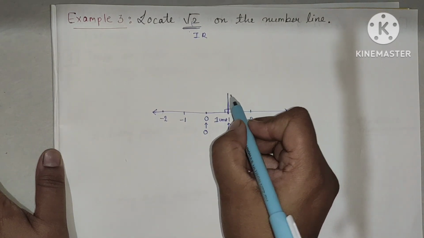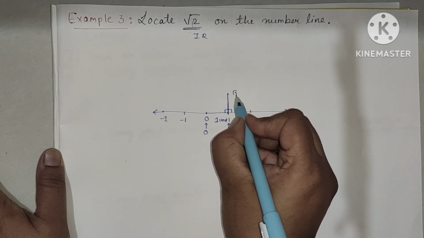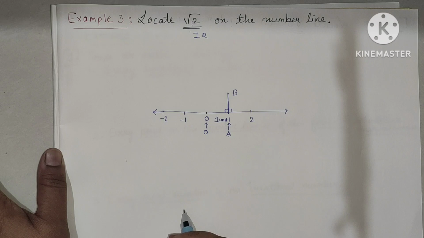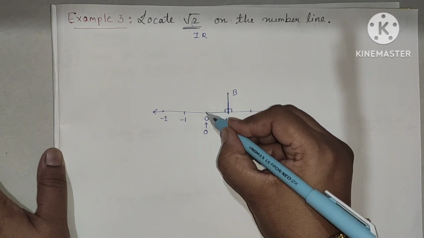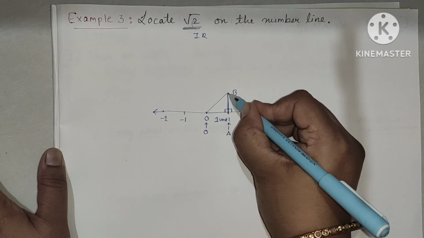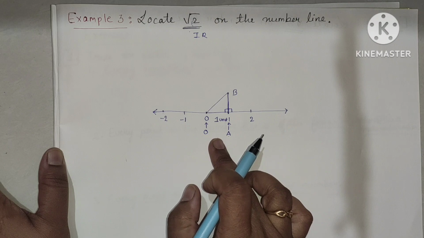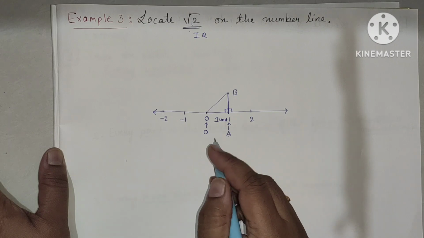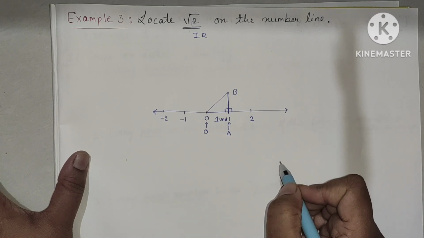Now I will label this point B. Now I will join this triangle. After this, we'll first analyze this diagram. What have we done?